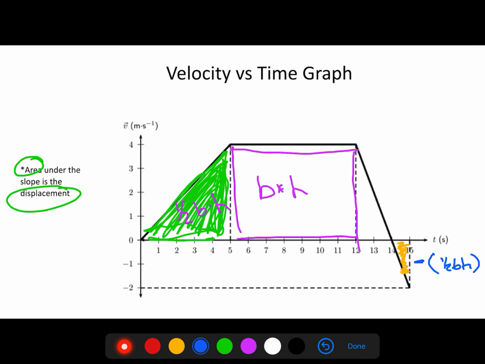So if I were to ask you for the total displacement for this graph, then you would need to calculate what the displacement is here, what the displacement is here, and what the displacement is here, and then you would add all three of them up together, but make sure that you make the displacement for this third segment here a negative number because the object is moving in the negative direction.